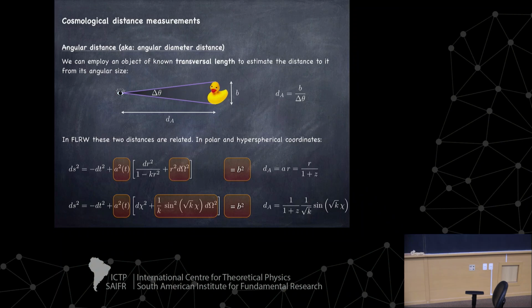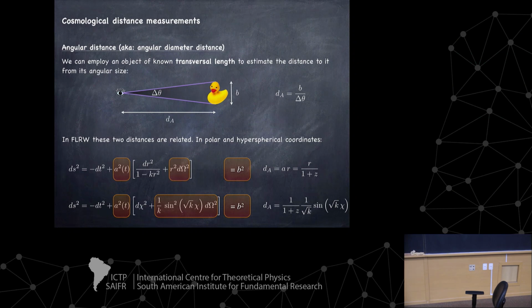Because light moves on null geodesics, that means ds squared is 0. Then if you have a galaxy at some redshift z, and you're measuring something radially, the angular part is 0.